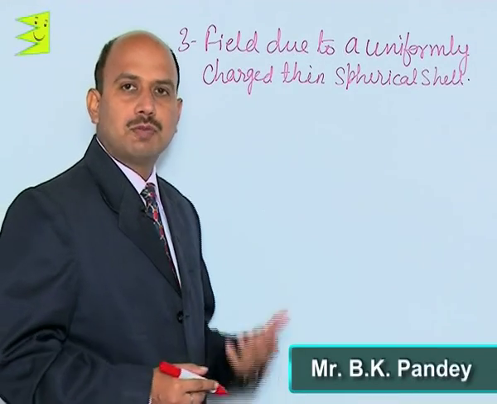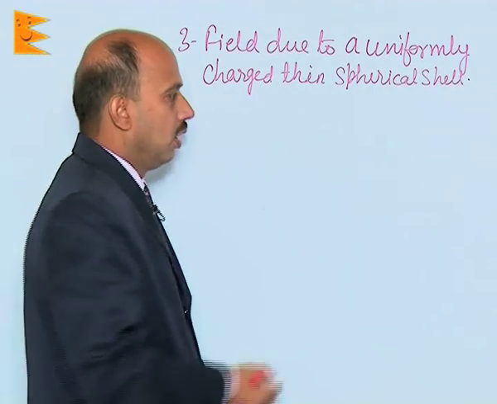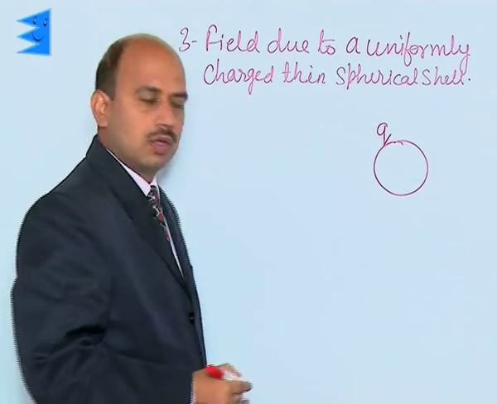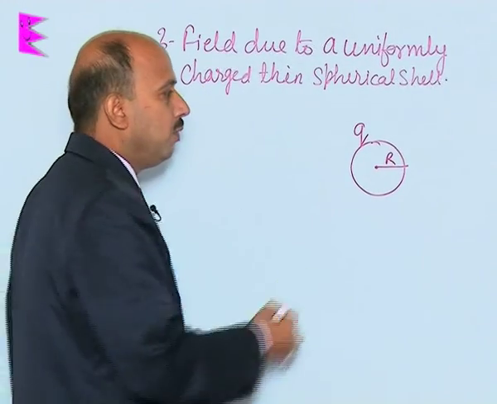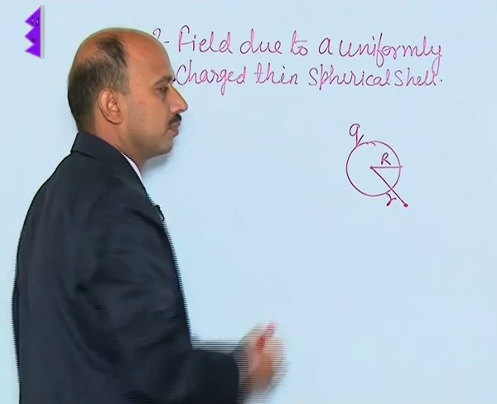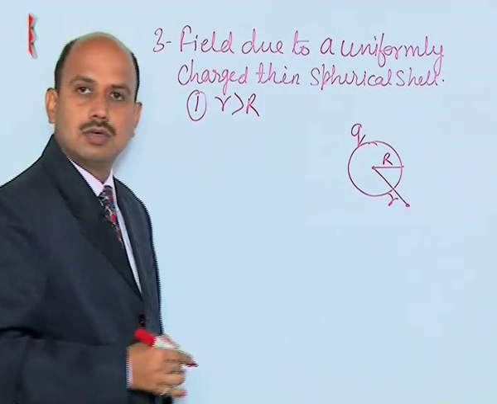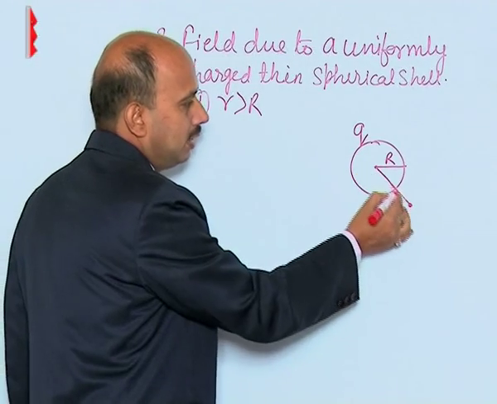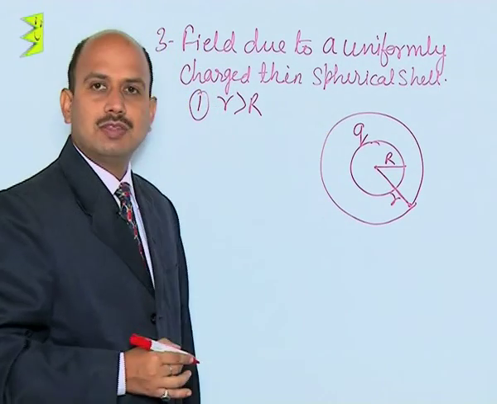Now, the third application of Gauss theorem is the field due to a uniformly charged thin spherical shell. Suppose there is a spherical shell which has charge q and radius, suppose, R. Now, if you want to calculate electric field intensity at a distance r, we take r greater than R. By taking this radius small r, we draw a sphere that is known as the Gaussian surface.